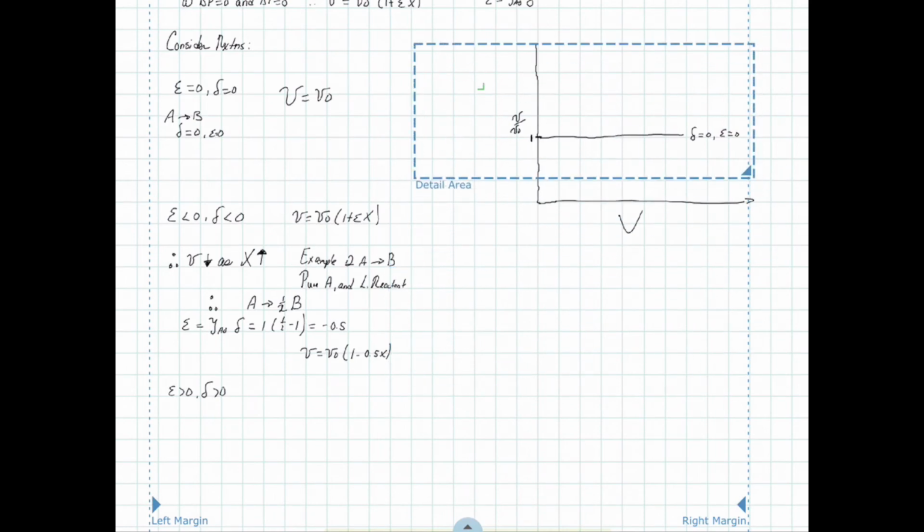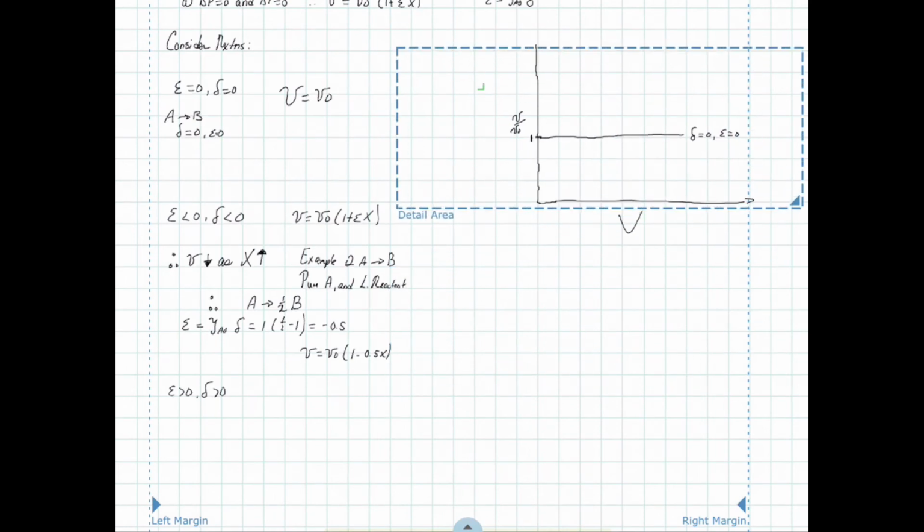Let's now look at the graph. We know that we're going to put on the y-axis the volumetric flow rate over the initial volumetric flow rate. So if I graph 1 minus 0.5x as a profile with the volume of the reactor, we end up with something like this, where the limit of this particular graph will be equal to 0.5.